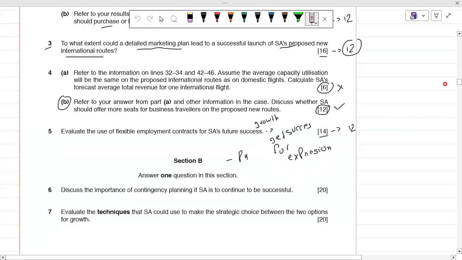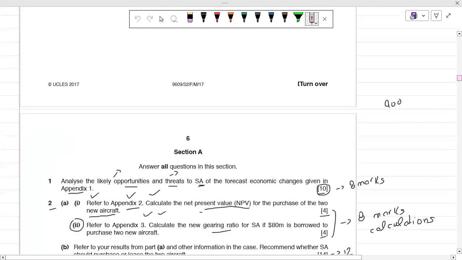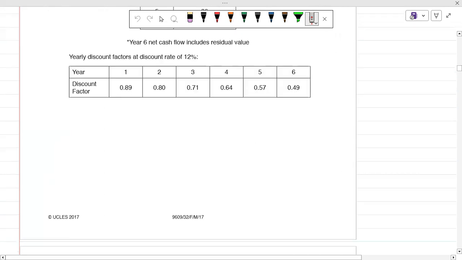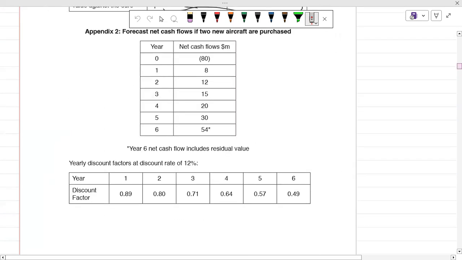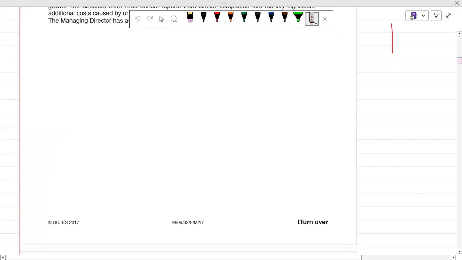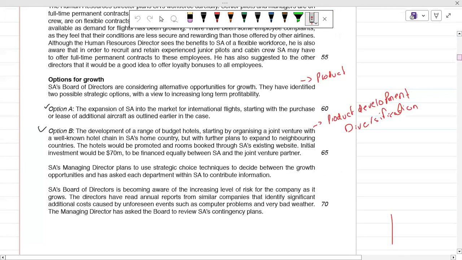First of all, I just want to show you something. Here you can see there is something written in this case study about the workforce, so you will better understand my points. Yes, SA's workforce planning.